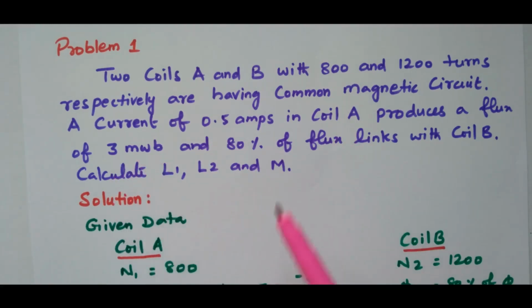In that, 80% of the flux in coil A links with coil B. Then we need to find L1, L2 and M: the self-inductance of coil A, the self-inductance of coil B and the mutual inductance.